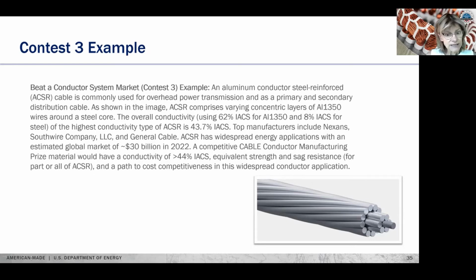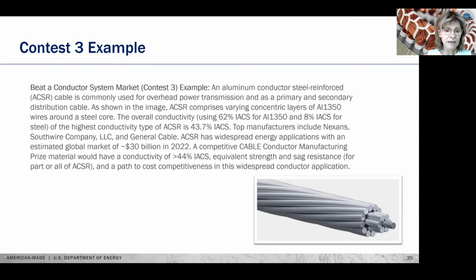So the conductivity for this conductor system is lower than that for the bare aluminum conductor. Other widespread conductor systems might involve nickel, which until recently at least cost less, had lower conductivity, but had very high temperature and corrosion resistance.